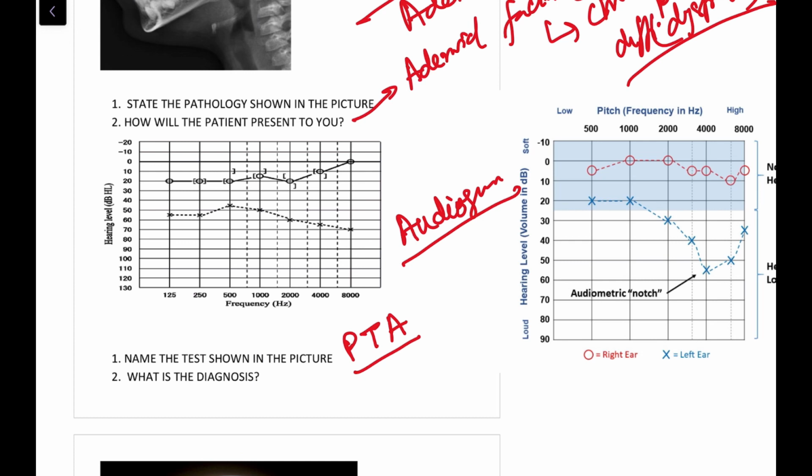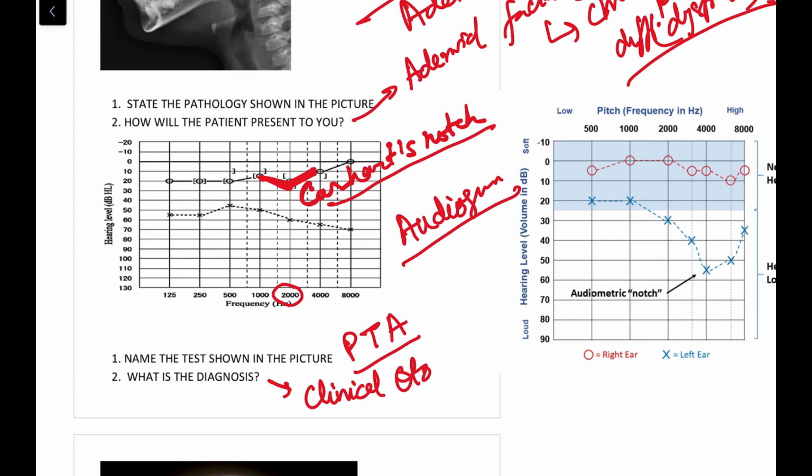As you can see, this is the 2000 Hertz frequency, and you can see a dip in the bone conduction curve. So this is a Carhart's notch. So the diagnosis would be clinical otosclerosis involving stapes footplate.